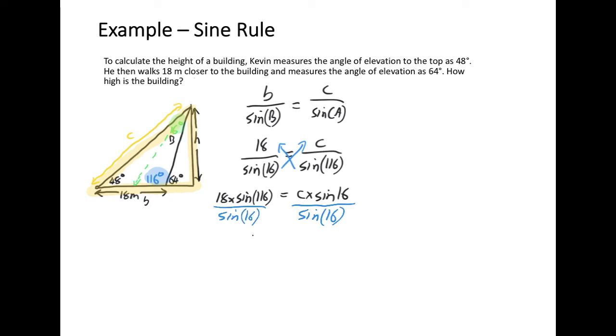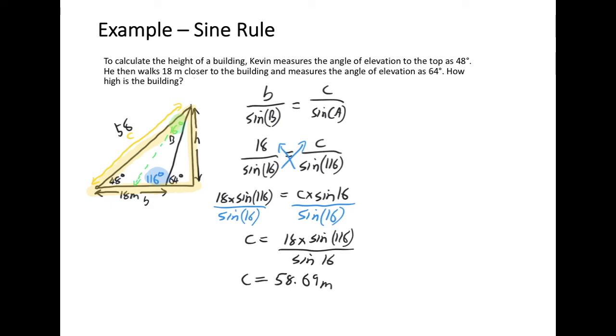So my C value is going to equal to 18 times sine of 116 divided by sine of 16. So using a calculator, my unknown C side is going to be 58.69 meters.